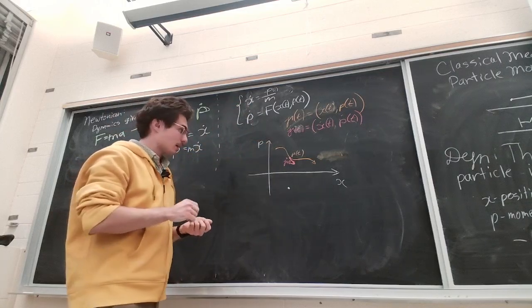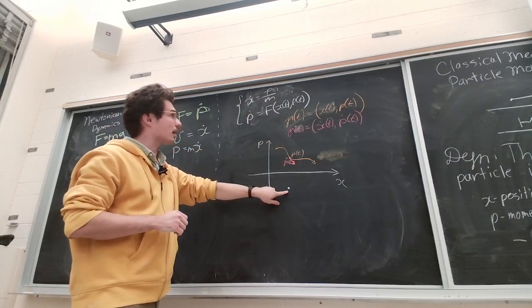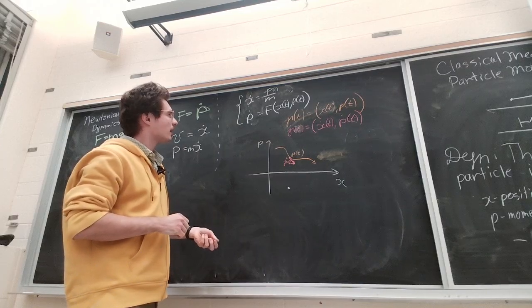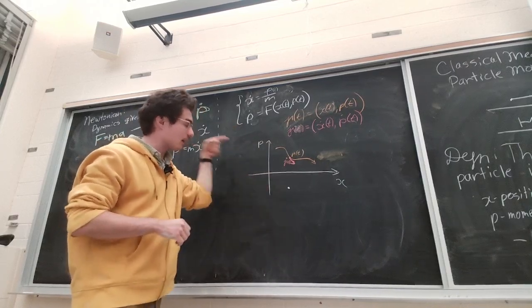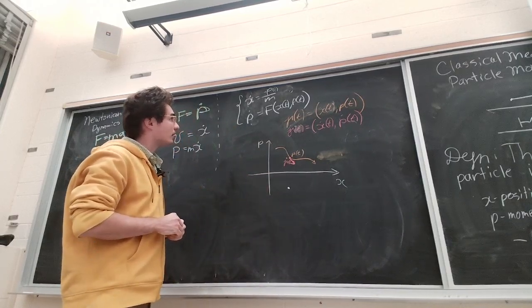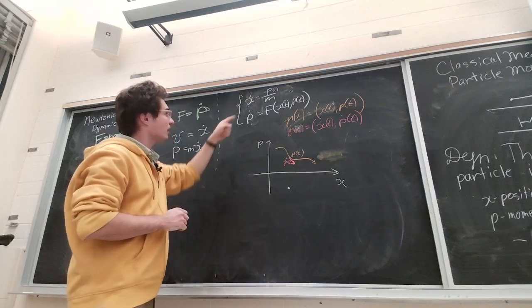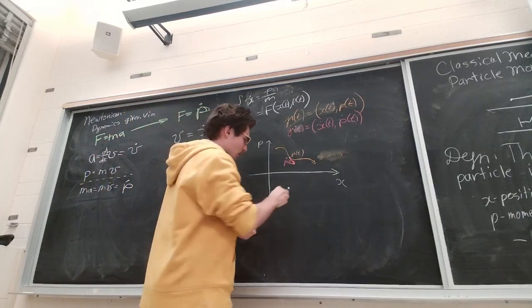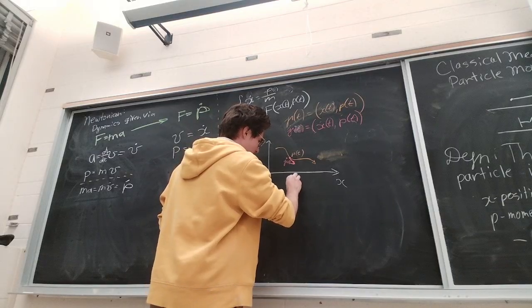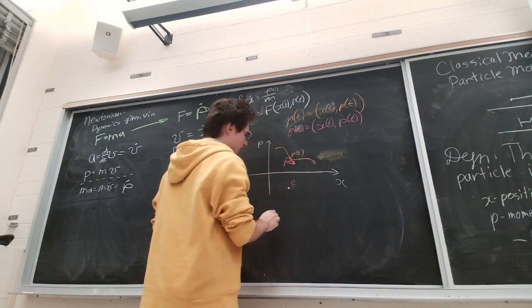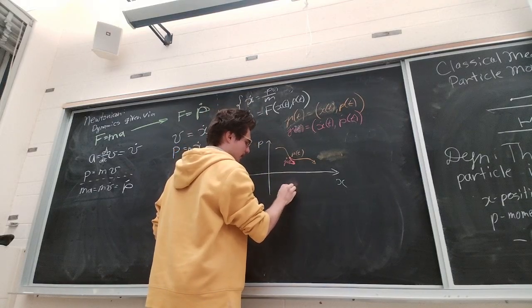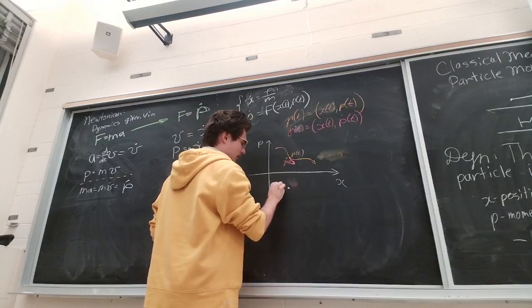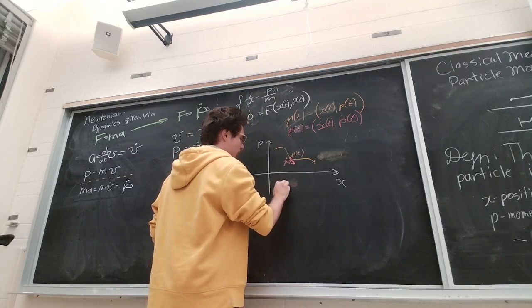If I was here at some point in time, the vector should be precisely p over m. So the x coordinate has to be p over m. In this case, it would actually be in the negative direction, so this should be p over m.